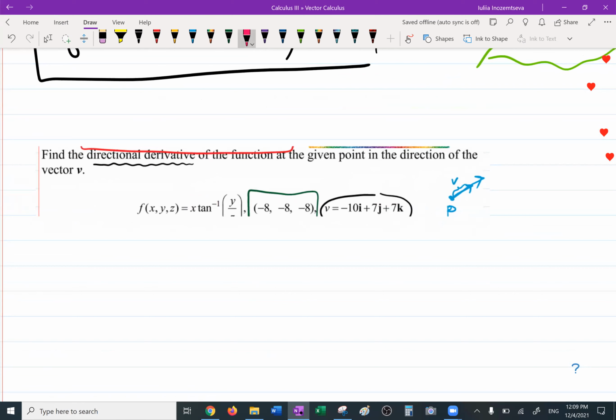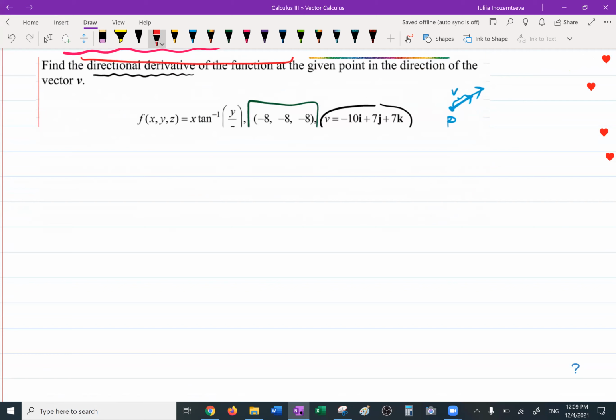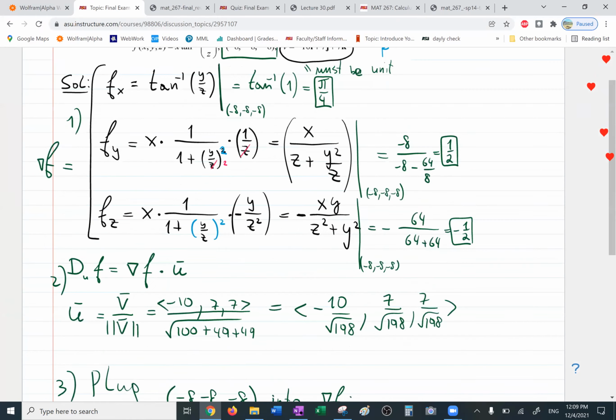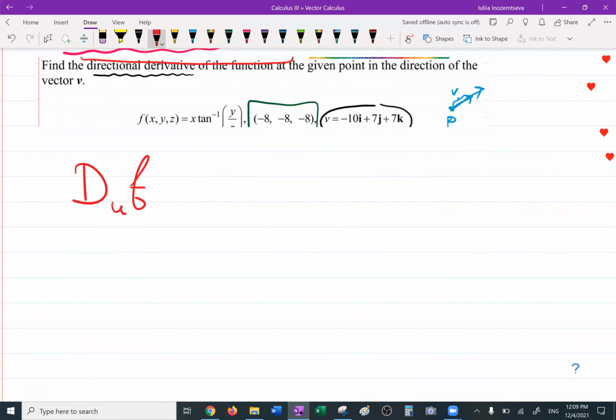Directional derivatives, let me write down. Directional derivatives were right after the topic of the gradient because they have a connected formula. It was capital D. What is the function and what is the direction? That is the notation. And then the formula: D is the gradient and u is your direction.